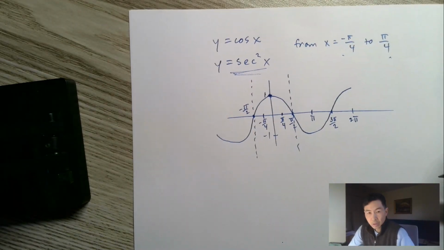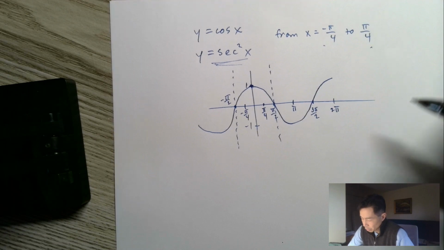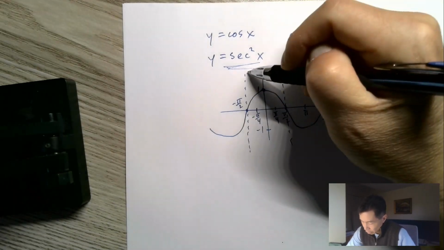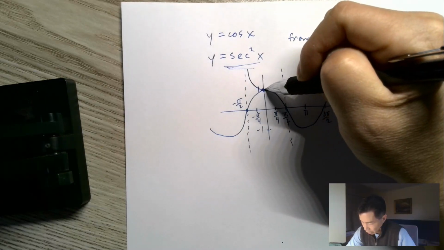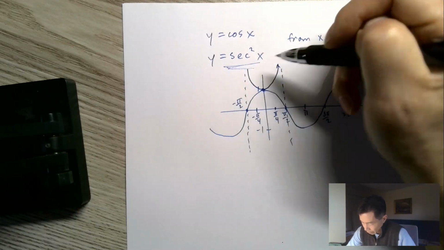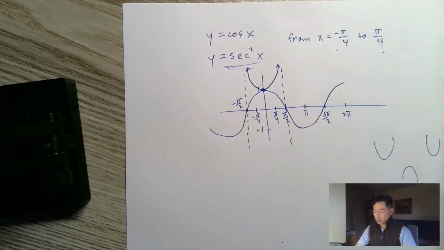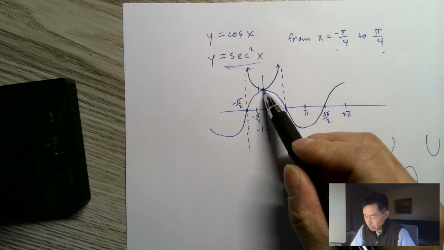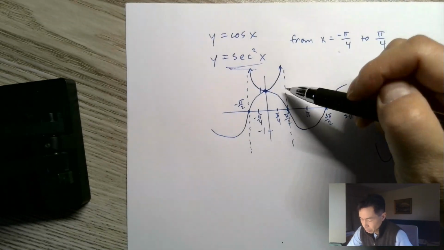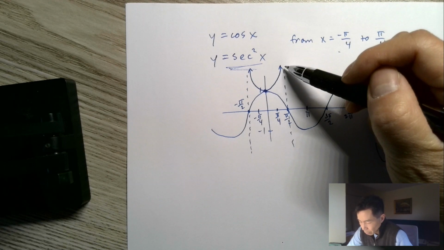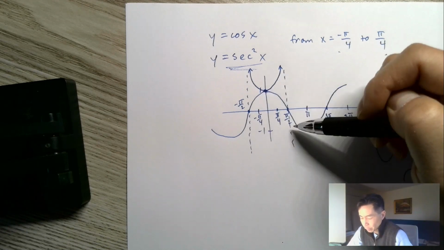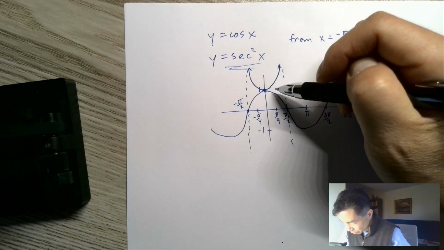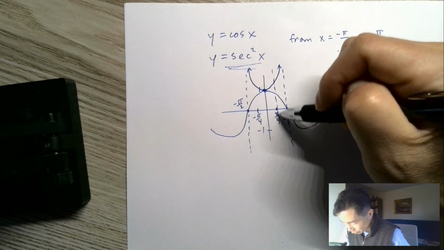And if you remember from your trig, secant goes like this, it alternates like that. So the part that I'm interested in is the part that is tangent to the cosine curve here and approaches infinity at the two asymptotes. Oh, sorry, I put the asymptotes in the wrong place. They should have been here.